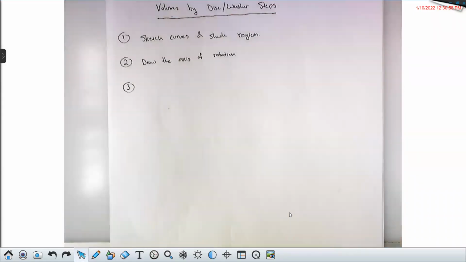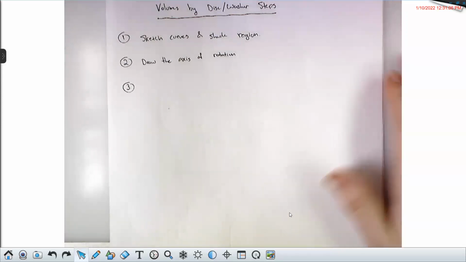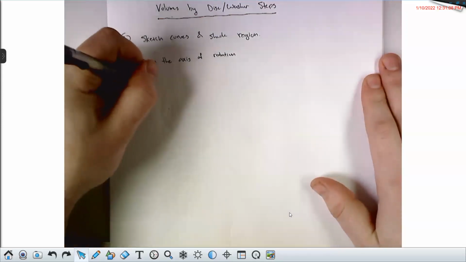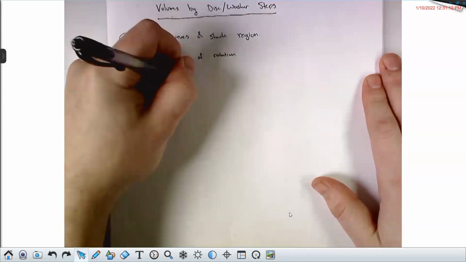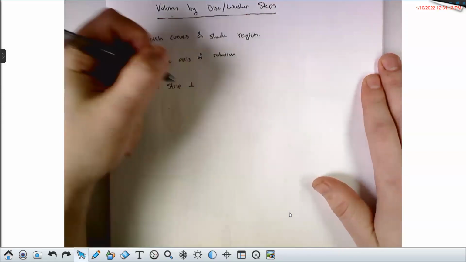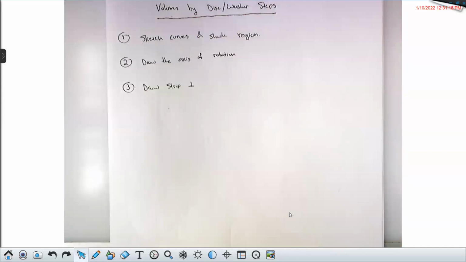Step 3. You're going to draw in your strip. And you're going to draw it. Does anybody know what this symbol means? This upside down lowercase t, is anybody familiar with that symbol? Perpendicular?